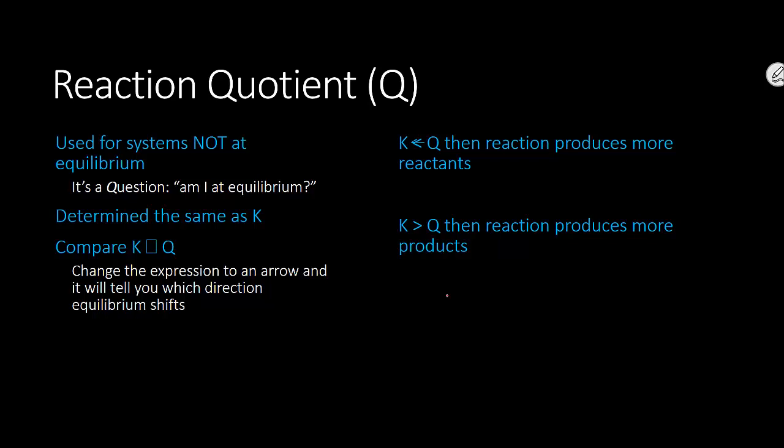That means that your ratio of reactants to products is too small, so you have too many reactants. So the reaction will favor the production of products. And again, if K and Q are equal, then you're at equilibrium and everything is all good.